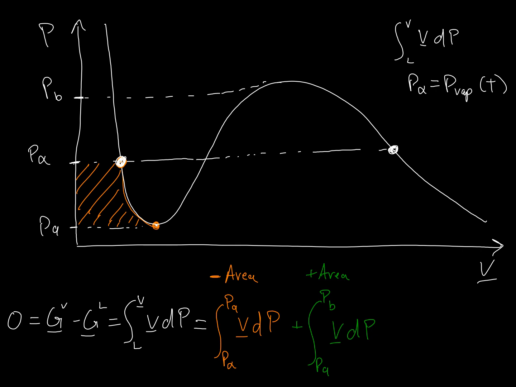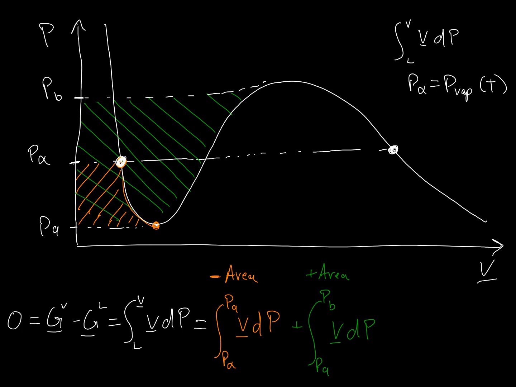So this area is this big block right here. So in this region over here, this little quadrant, we have both a positive area and a negative area, so boom, it's gone.